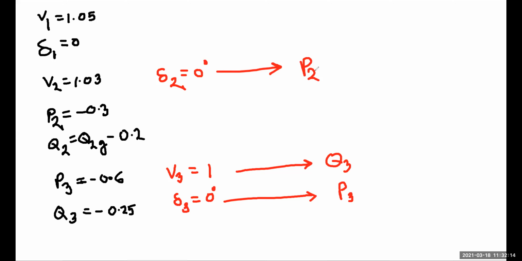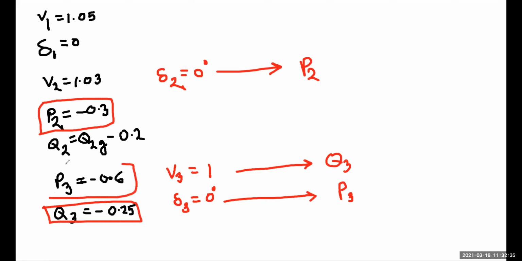Okay, everyone? Fortunately you can see P2 value is fixed, is given. Q3 value is given. P3 value is given.